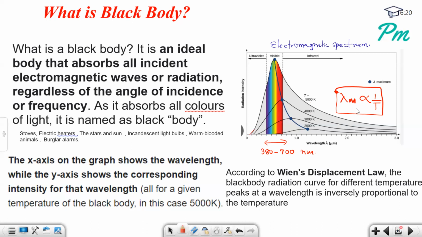According to Wien's displacement law, the black body radiation curve for different temperatures peaks at a wavelength inversely proportional to the temperature. As you can see from this expression, we observe a peak at shorter wavelength when the corresponding temperature is highest. Yes, you can see 5000, 4000, 3000, 2000, and so on.